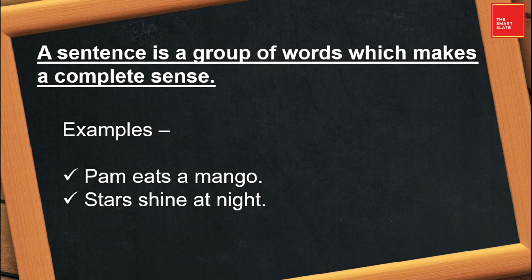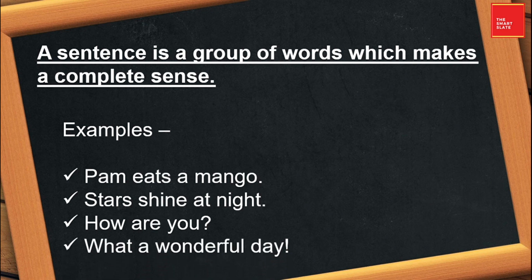So when it provides incomplete sense, it is not a sentence. Every sentence provides a complete sense. An interrogative sentence, like how are you? An exclamatory sentence, like what a wonderful day. Please be seated, an imperative sentence. The detailed video on the types of sentences will be discussed in upcoming videos.